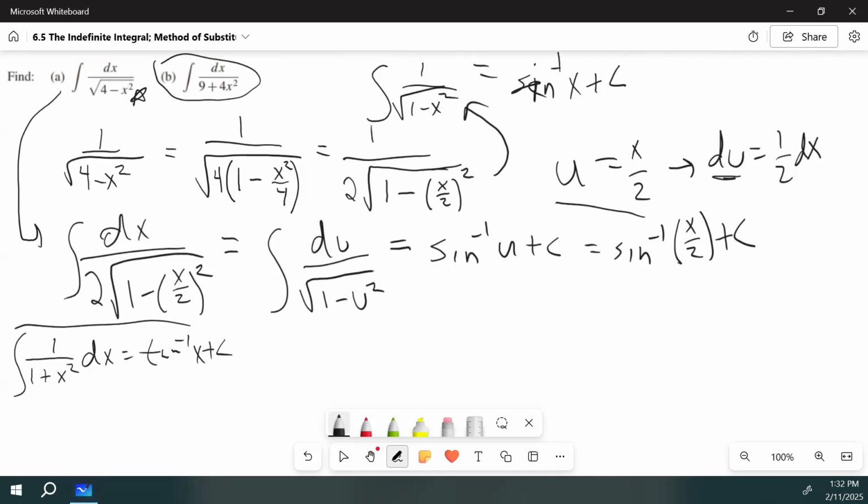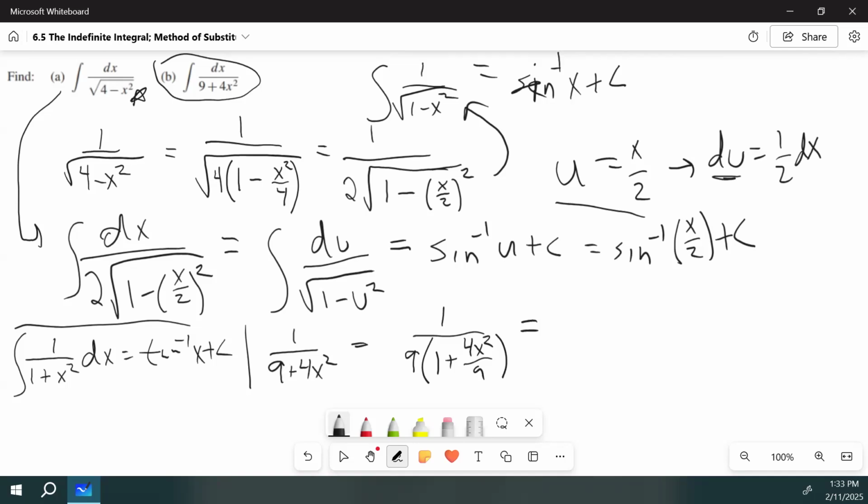So we can actually rewrite the integrand. So let's look at the integrand. So you have 1 over 9 plus 4x squared. You can factor out a 9, so that would be 1 plus 4x squared over 9.